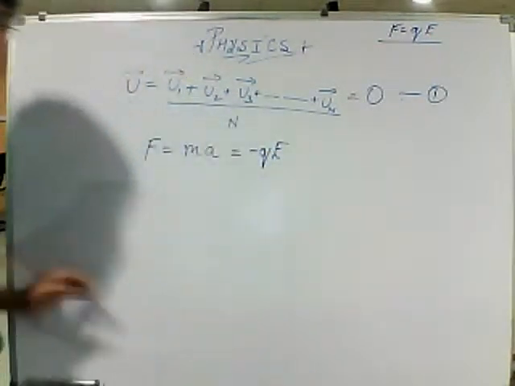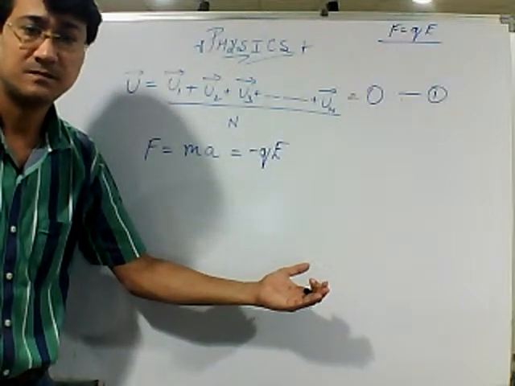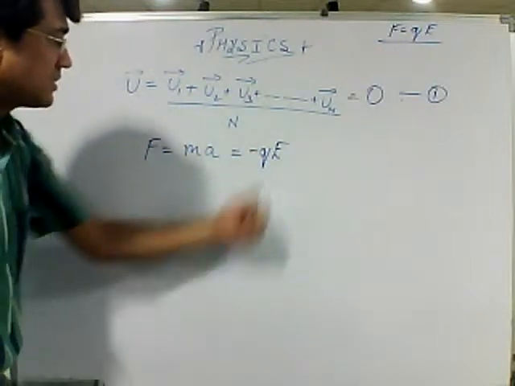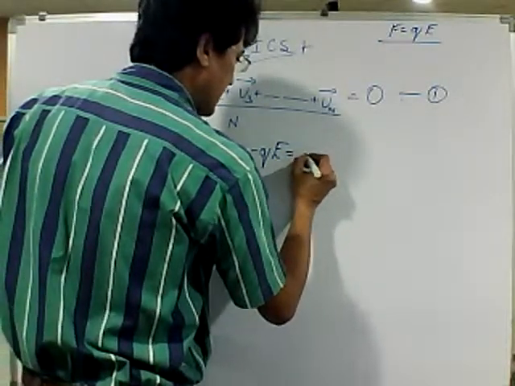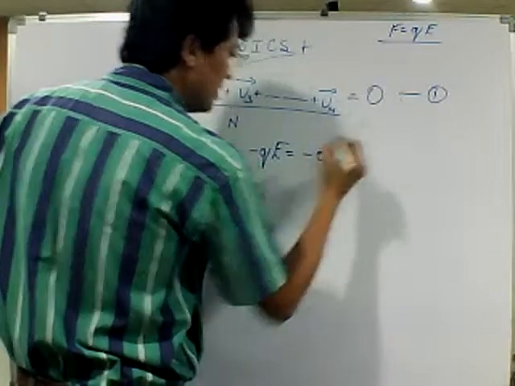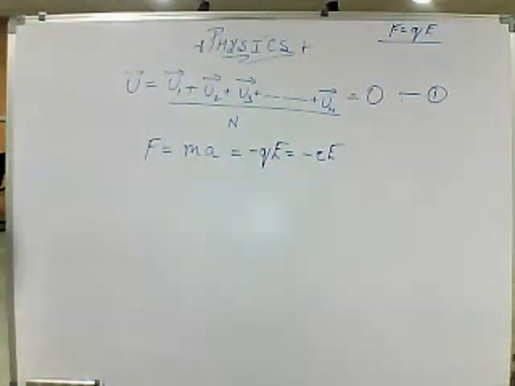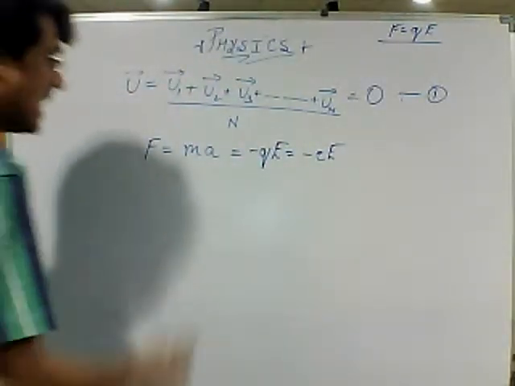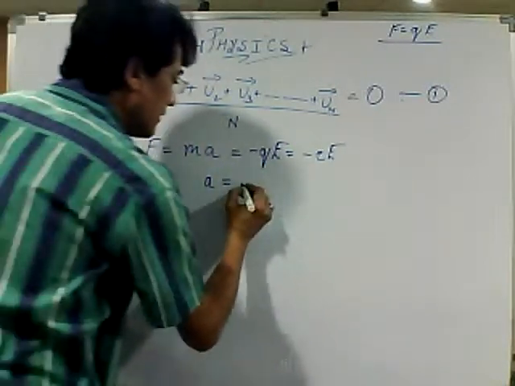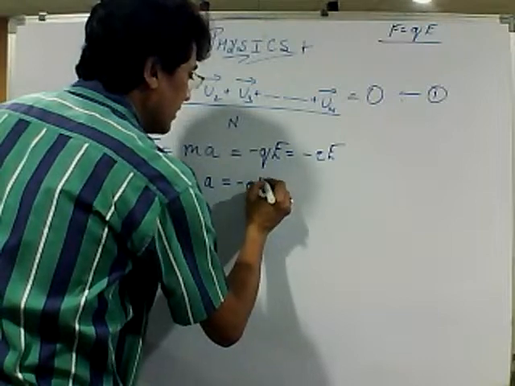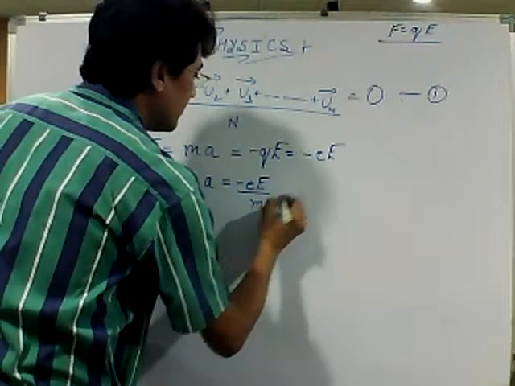Why am I taking the minus sign? Because the direction is opposite. Clear? Now what is the charge on the electron? e. So I can write the same expression as minus eE. Perfect. So what would be the acceleration provided to these charged particles? It would be minus eE by m.